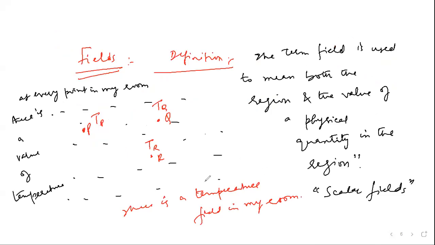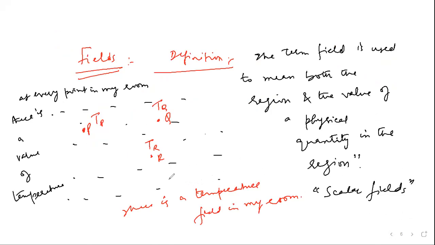So we can have temperature field, we can have pressure field. So whenever in physics we talk of field, what should you infer from that? There is a space, and in that space some physical quantity is existing, and that physical quantity has value at every point in the region which we are taking into consideration.